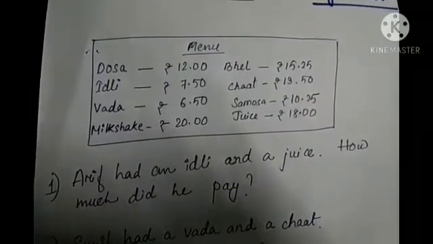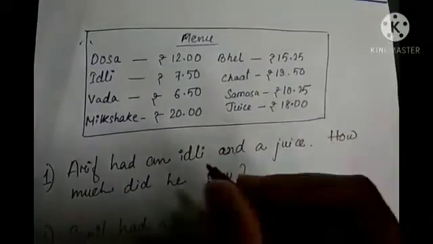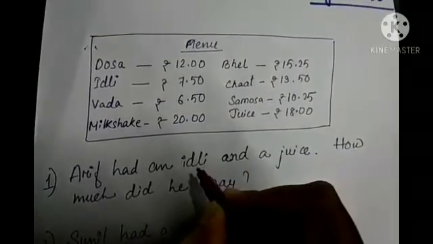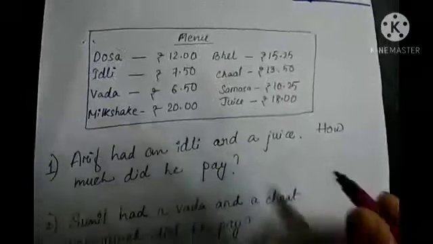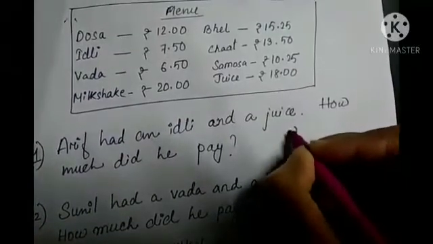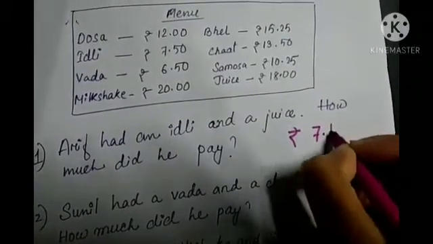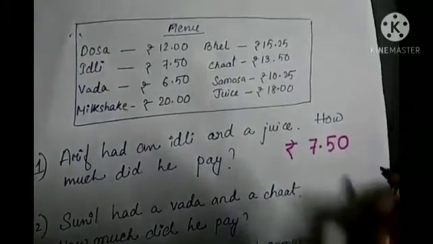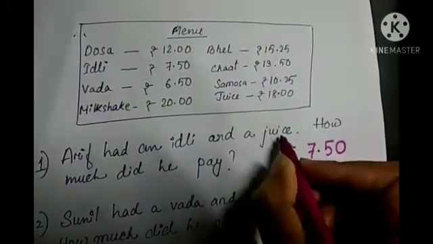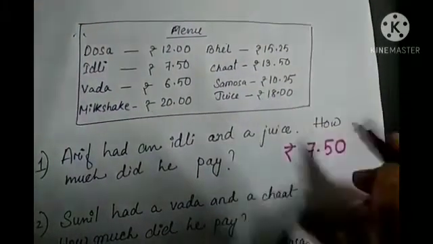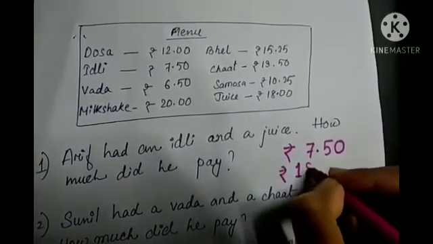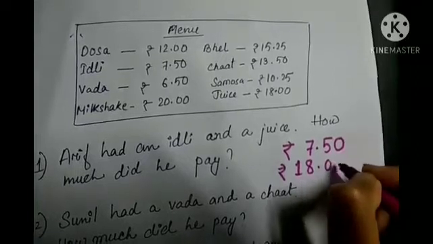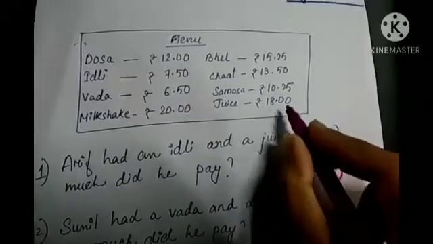First of all, Arif had an idli. What is the price for idli? Rupees 7.50, right? So at first you have to write 7.50, and then a juice. Juice is rupees 18, so you have to write 18.00, because there is no paise.